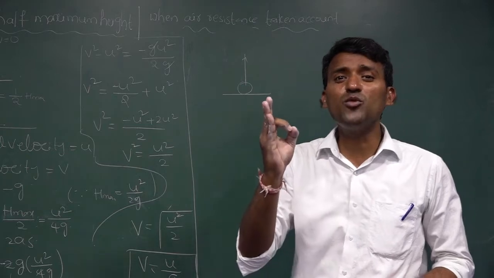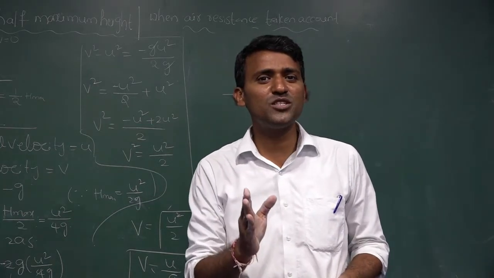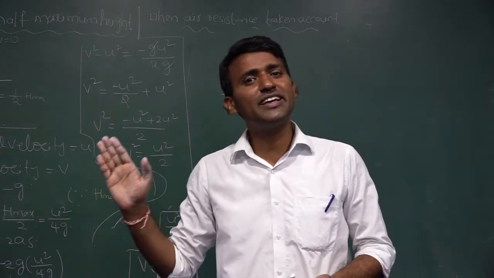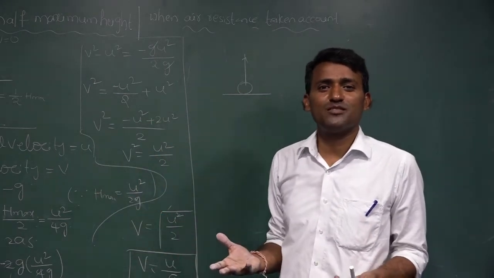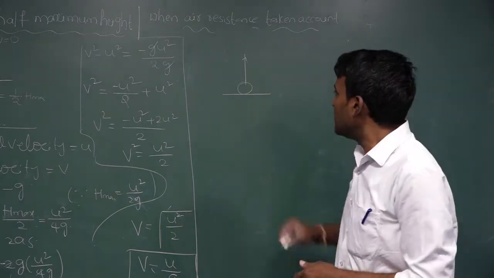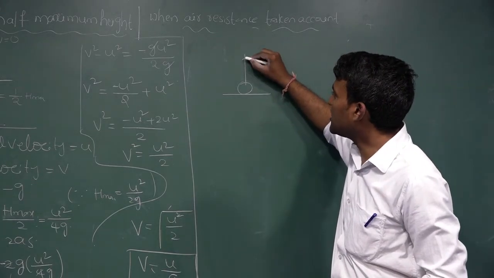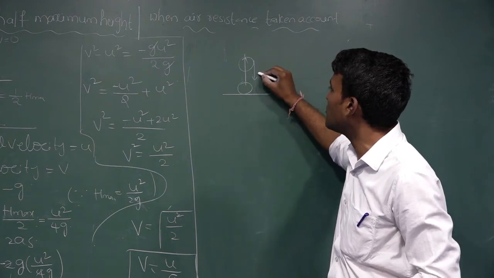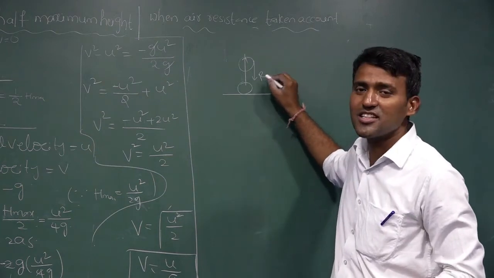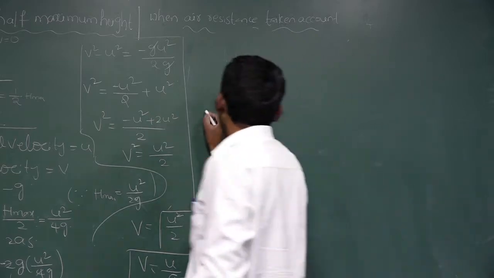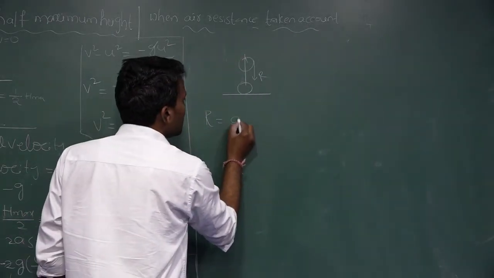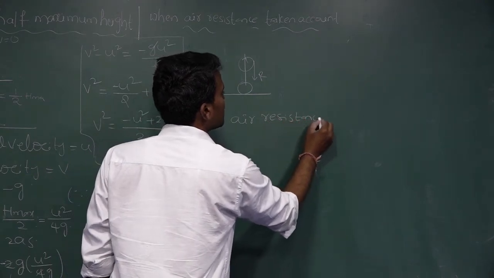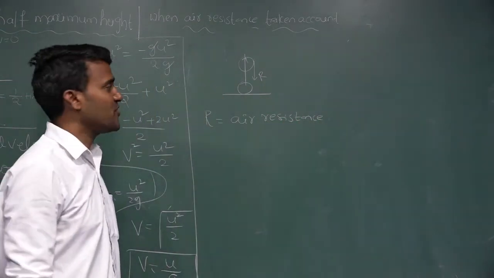If there is any opposing force, only then can velocity decrease. Who is opposing? Not myself, not yourself. When the object is going upward, the air resistance force is opposing it. R is nothing but the air resistance force, isn't it?